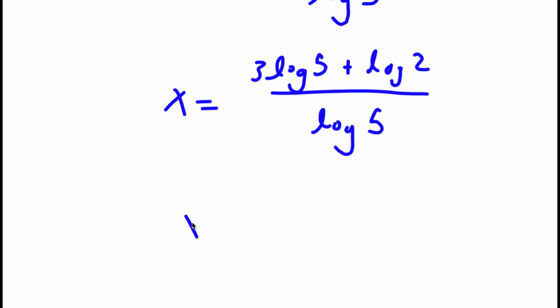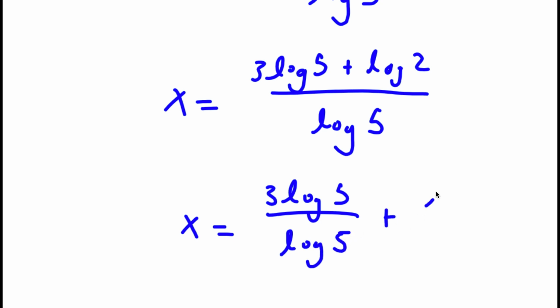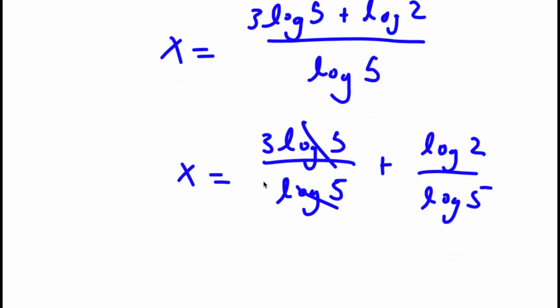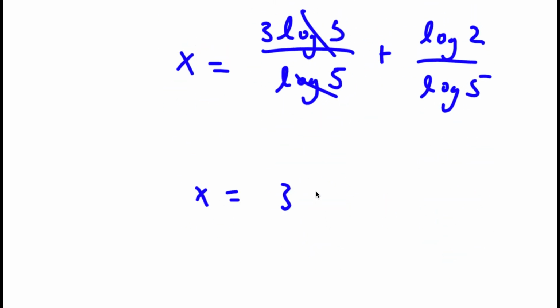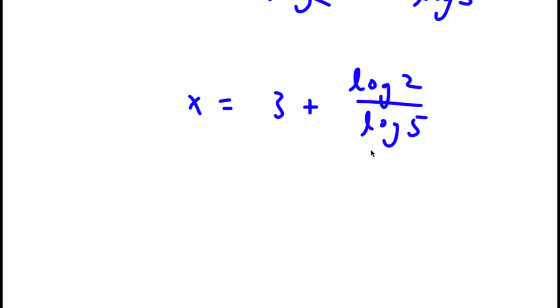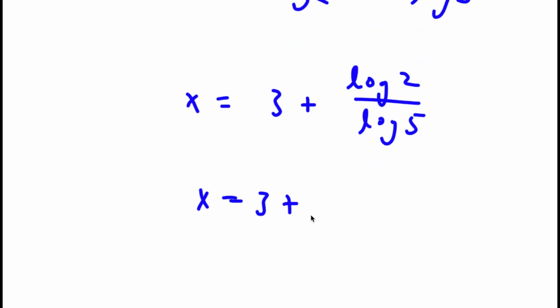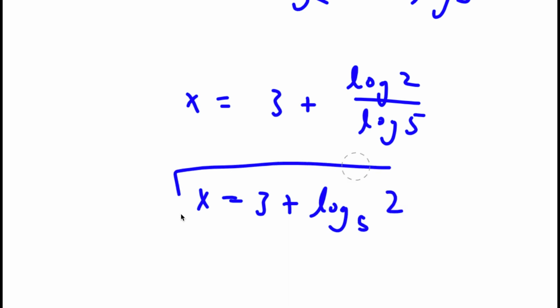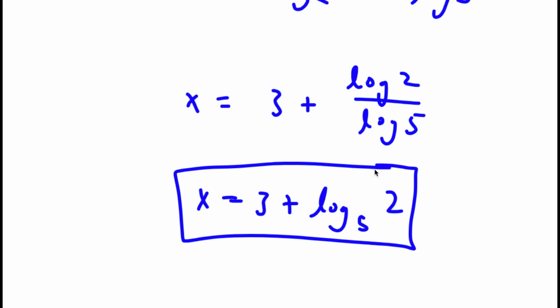Now, I can rewrite this as 3 log 5 over log 5 plus log 2 over log 5. Now these two log 5s can cancel out, so I'll be left with 3 plus log 2 over log 5. And log 2 over log 5 I can rewrite as log base 5 of 2. So this is my answer, 3 plus log base 5 of 2.